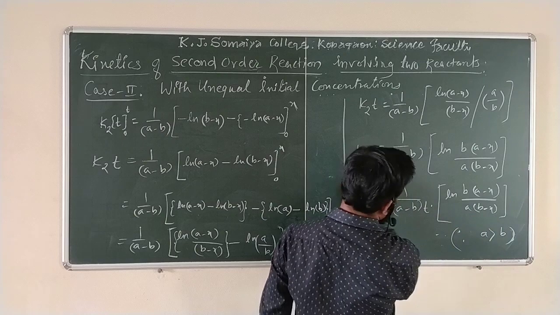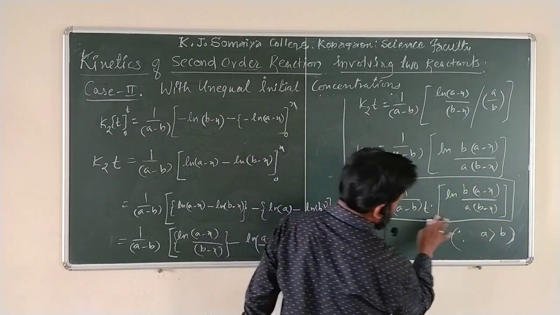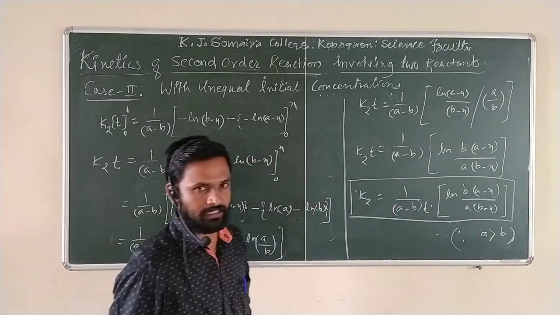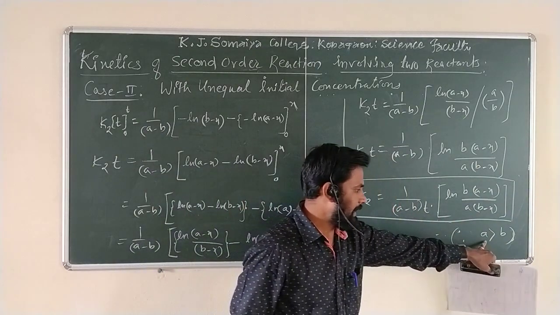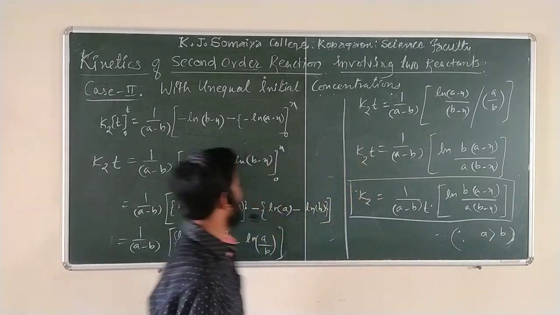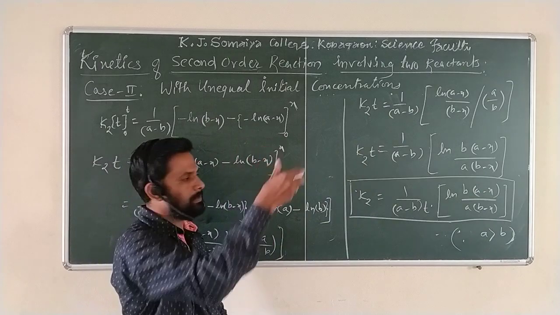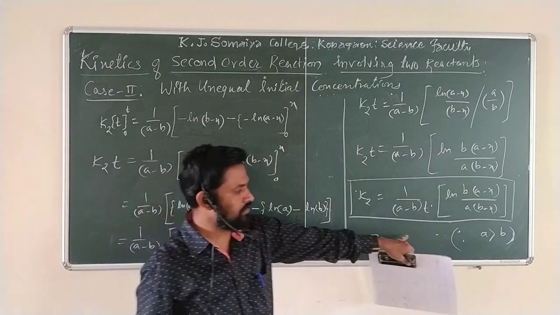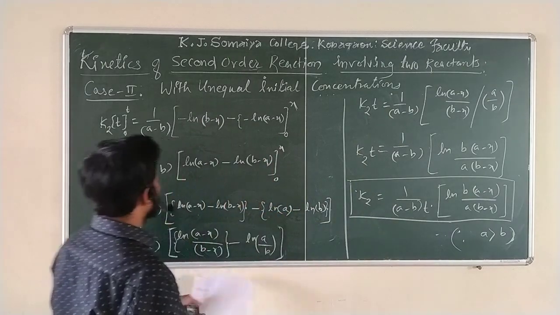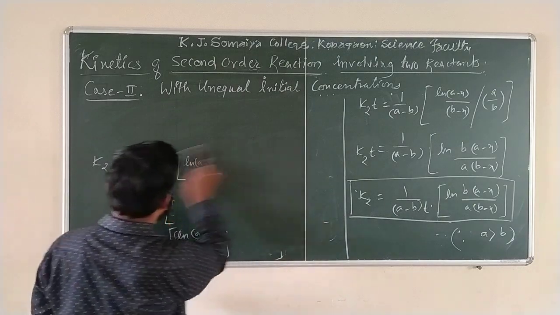This is the rate constant for a second order reaction with unequal concentrations. Initially unequal concentrations are taken, and in the case where two reactant molecules A and B are taken, and A concentration is greater than B, then you will get this equation.